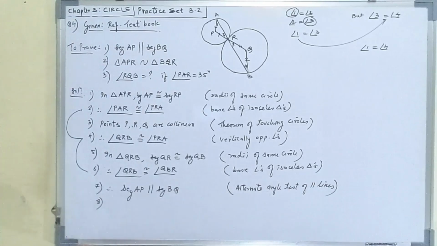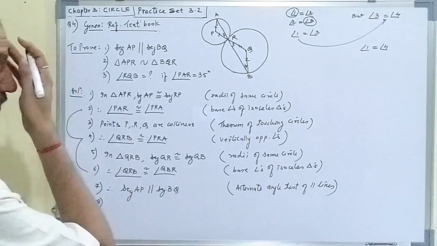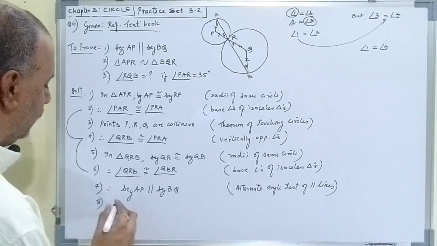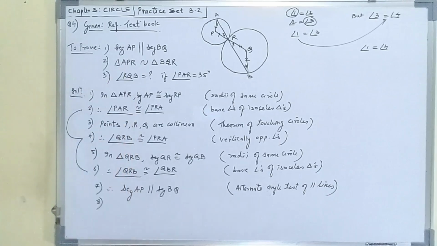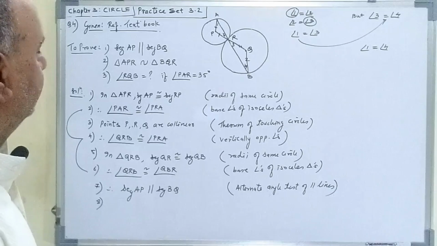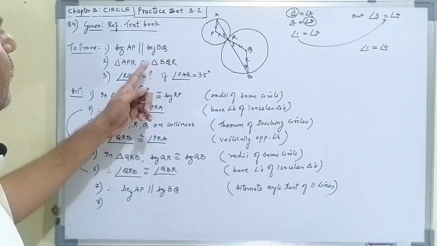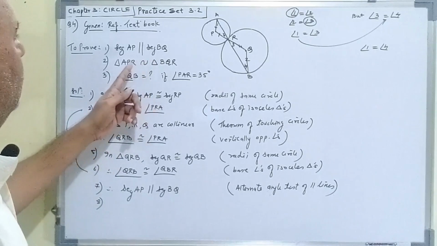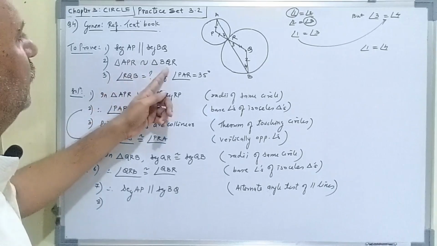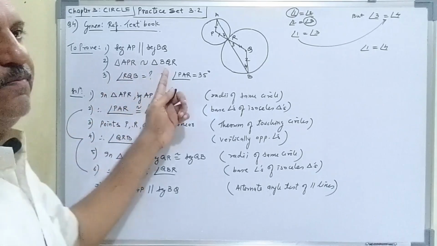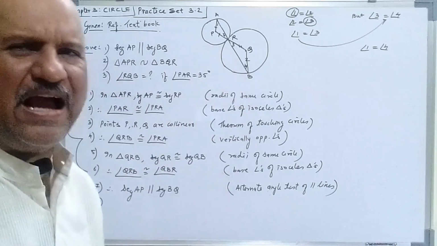Statement number 8. The first is proved. Now we have to prove the next part: APR similar to BQR. These are the two angle tests.